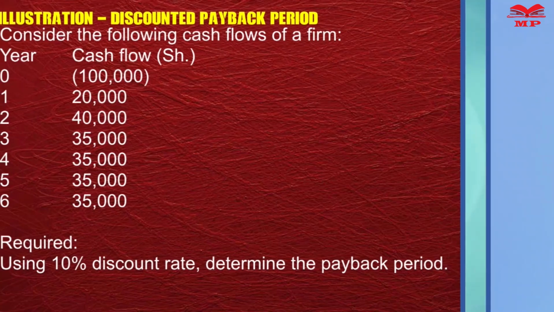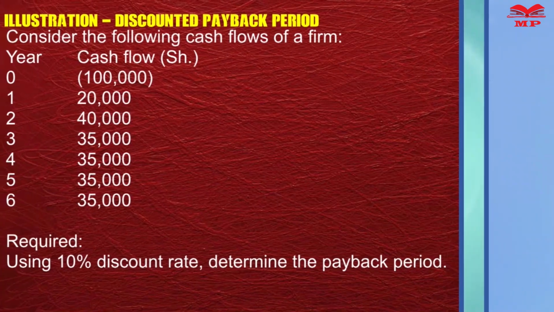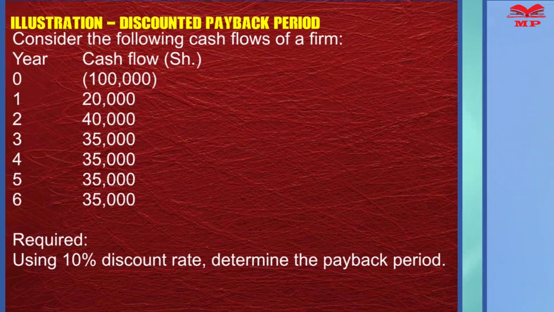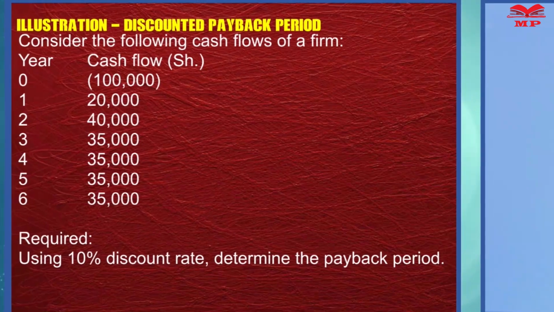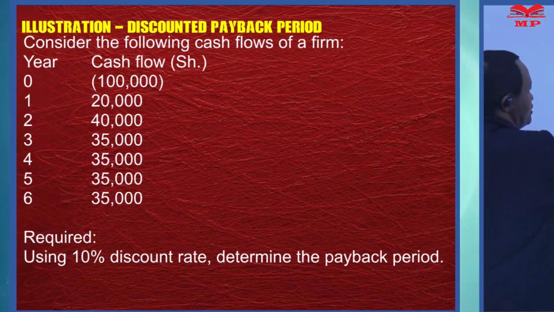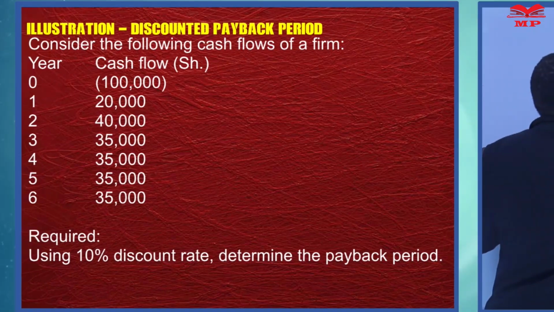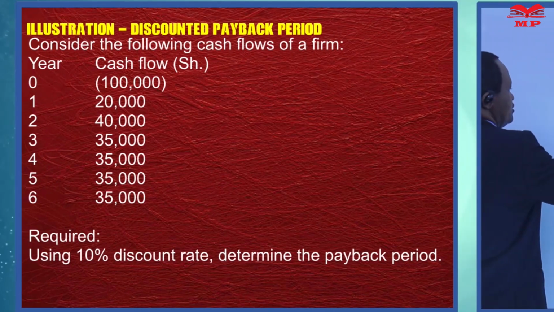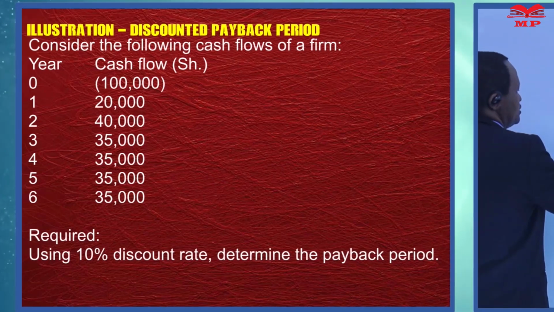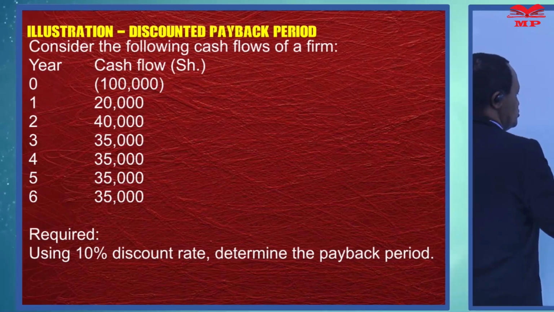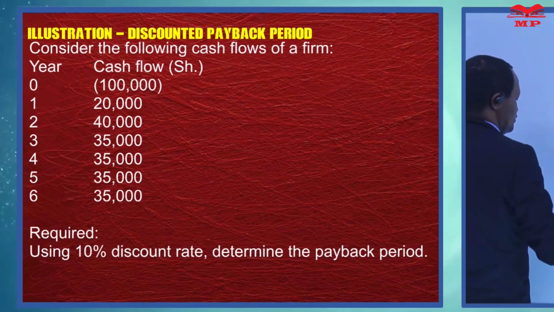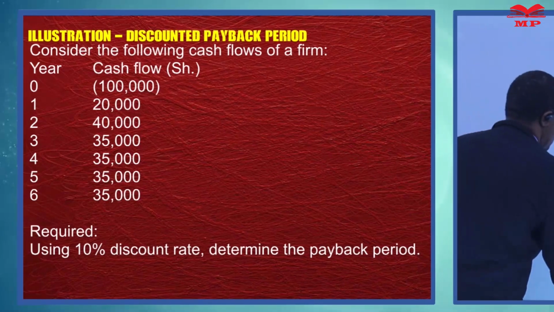So we have how many years there? 6 years. Years: 1, 2, 3, 4, 5, 6.